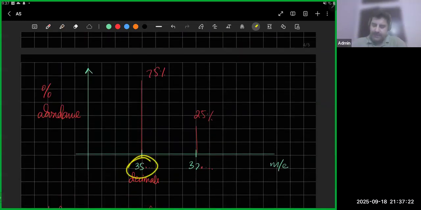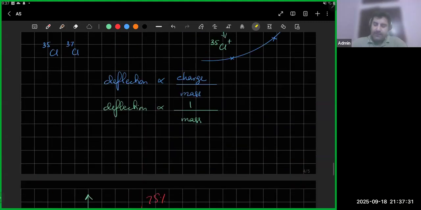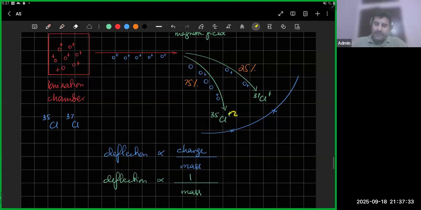So that deflection gives you an idea about the mass of the particles, and it also detects the number of particles that it's detecting. So if you have more Cl35 isotopes, you're going to get a higher detection rate. If you have fewer Cl37 particles, you'll have fewer particles falling onto the detector, and there's going to be a smaller detection.